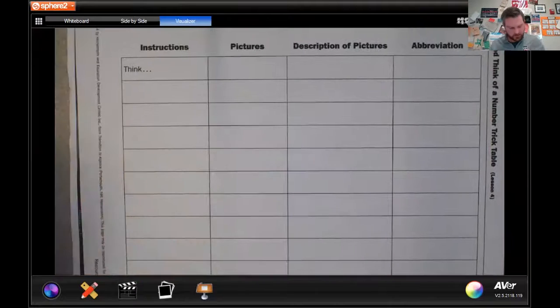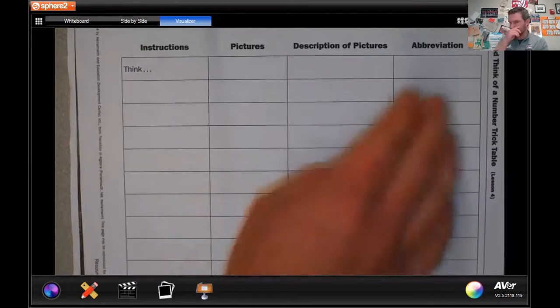And then we're going to have the description of the pictures, which is kind of what you've been writing on the quizzes and stuff, like 4 buckets, 3 marbles, 0 buckets, 10 marbles. And then we've got a column for abbreviations.